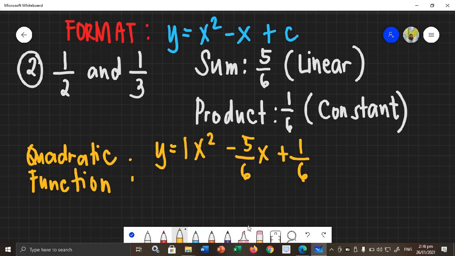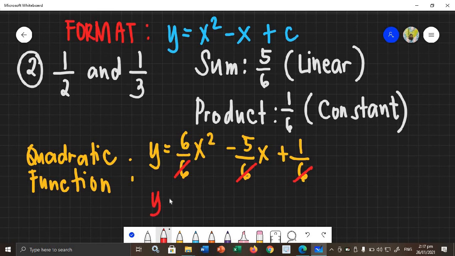So, kailangan nating gawing fraction si 1. So, para magawa natin siyang fraction, tingin tayo sa denominator ng mga coefficients or constant term mo. Ang denominator nila ay 6. So, gawin natin yung 1 na 6/6. Okay? This 6/6, it is actually still equal to 1. Okay? And then, according to the rule, no, i-cancel out natin yung denominators natin right after gawin nating fraction yung coefficient ni quadratic term.